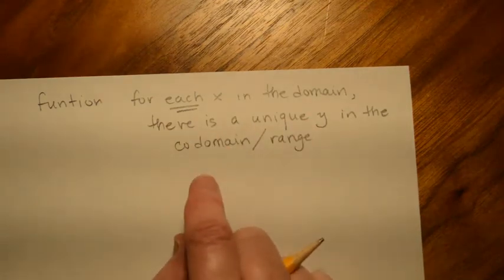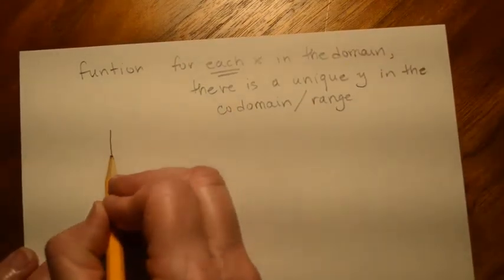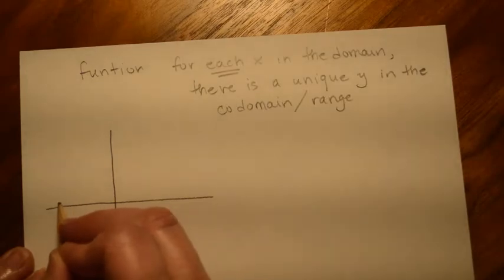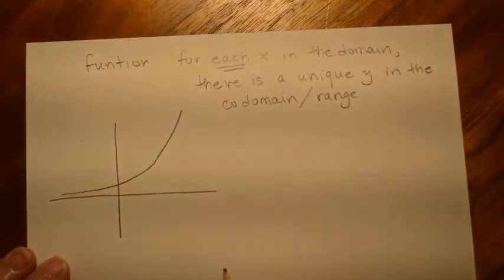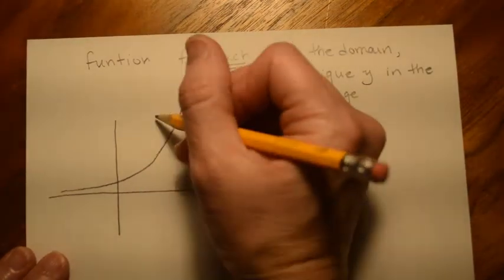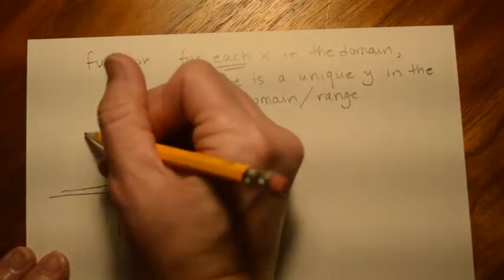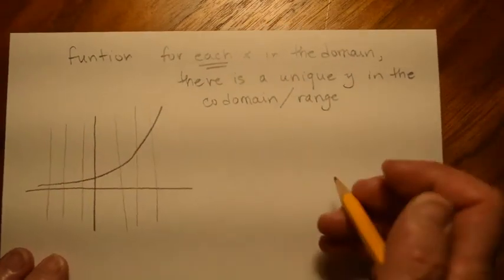Logarithms and exponentials are both functions, right? Again, we learned about the vertical line test, which said that if I take any function, so I'm just going to graph an exponential right here, and I draw a vertical line through it anywhere, it only hits the graph at most one time. All right, so we already know that an exponential is a function.